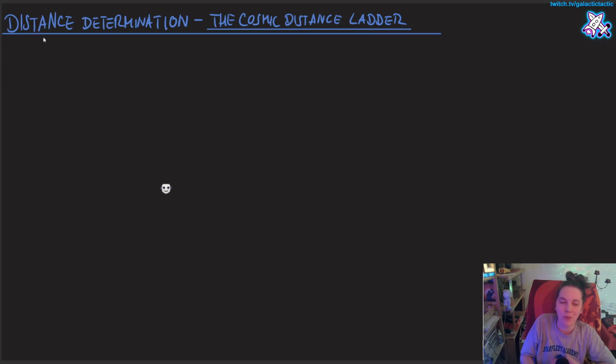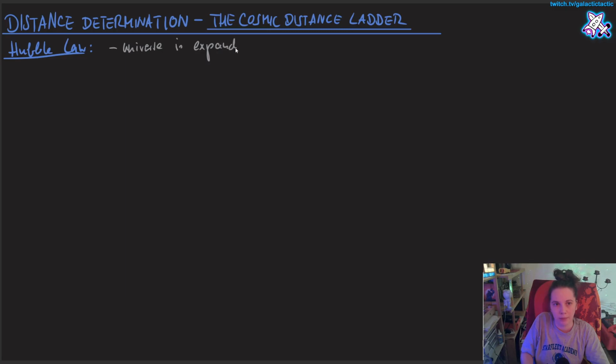The last step on the ladder basically is the Hubble law. And just to be clear, I was just looking at 3 steps. There are many more steps. The universe is expanding. So the galaxies appear to move away from us, right?